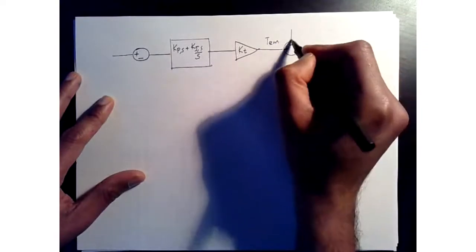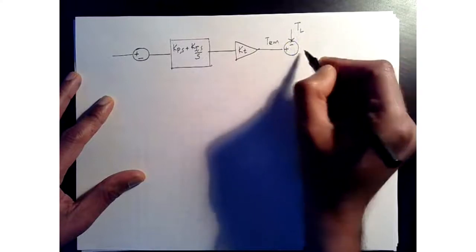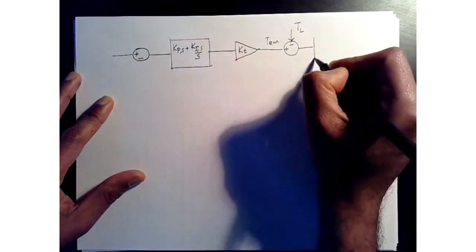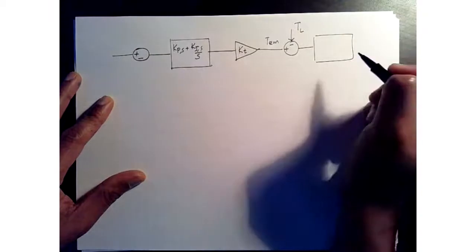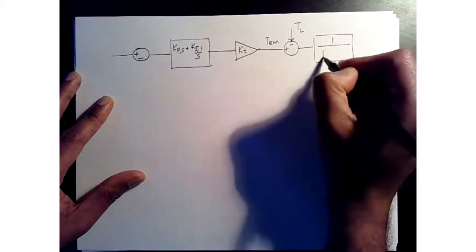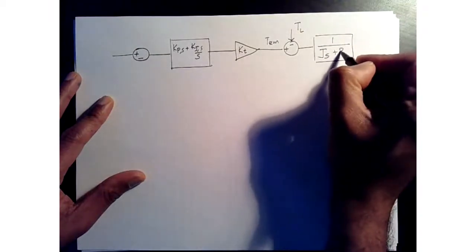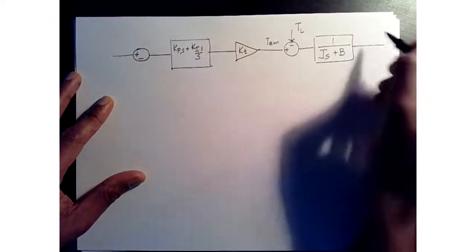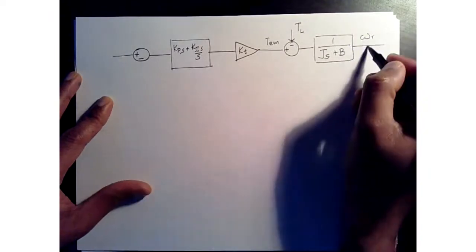That minus the load torque is the differential torque that goes into our 1 over JS plus B, and then this is our motor speed.